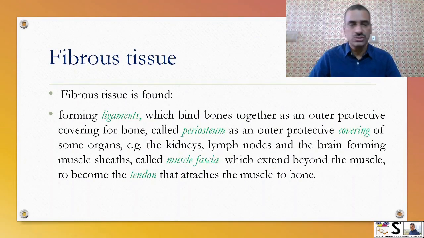Fibrous tissue is very strong and it forms the ligaments which bind bones together, the outer covering of the bone called periosteum, and the outer protective covering of some organs like kidneys, lymph nodes and brain. It forms muscle sheaths, also called muscle fascia, that extend beyond the muscle to become tendon finally, that attaches the muscle to the bone. So these tissues are made up of fibrous tissue.